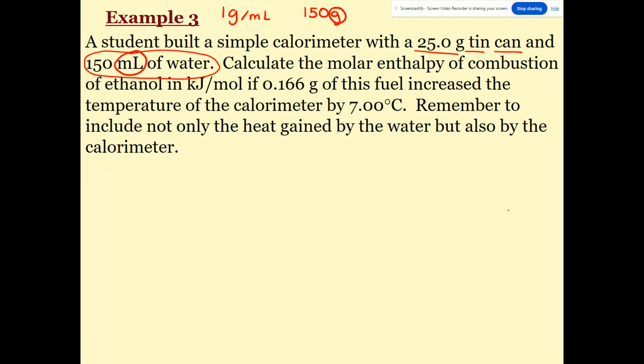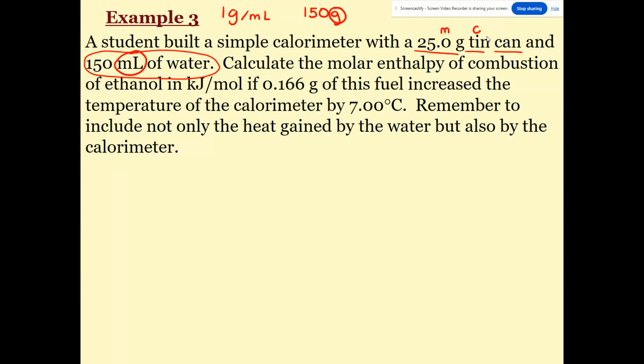That's important. If you have a question where you're given a mass and the material is important to help you find the specific heat capacity, you can find not only the energy that in this exothermic reaction is gained by the water, but also the can holding the water.